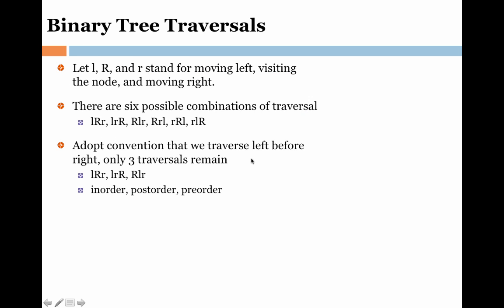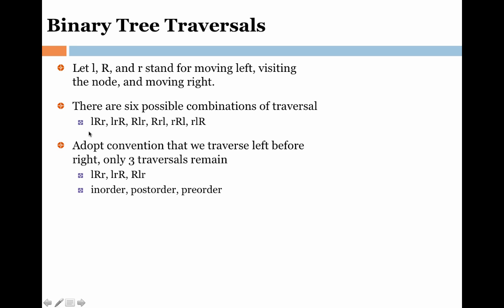Now let's move on to binary tree traversals, and as you can see, I'm using the power of recursion to state this in a very crisp fashion. Let us assume that L, capital R and small r stand for moving left, visiting a node and moving right. Therefore, for the recursive specification of the different kinds of traversals, there are 6 possible rules that could be followed.